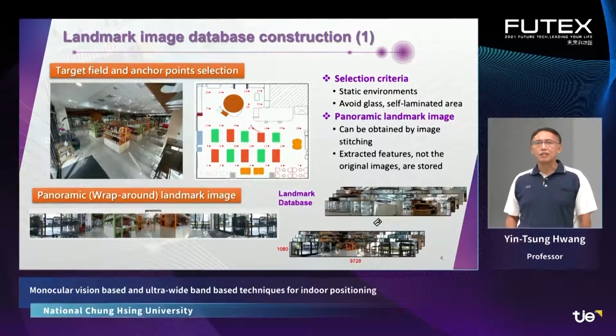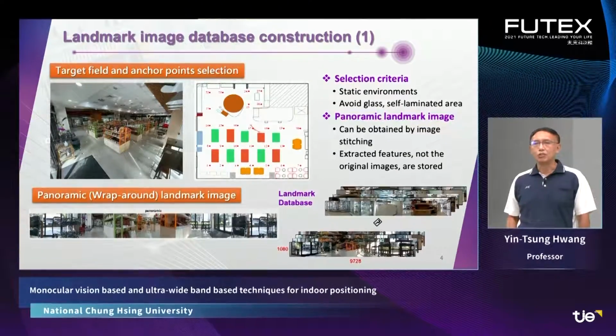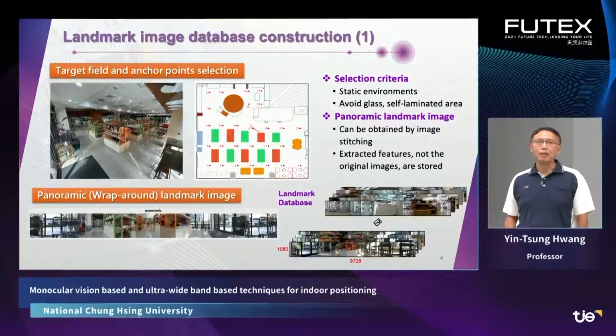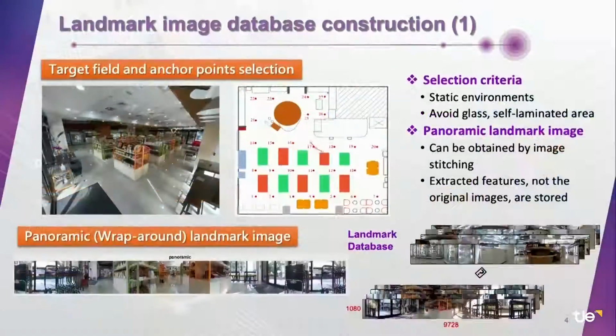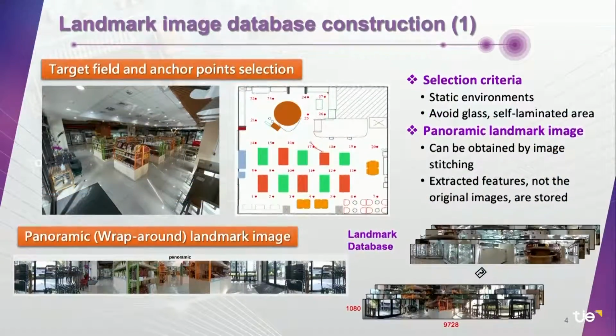The first step in positioning is constructing a landmark image database. Given a target field such as a shopping store, a set of anchor points are selected. For better matching results, these anchor points should be chosen from more static environments and avoid glass-laminated areas.